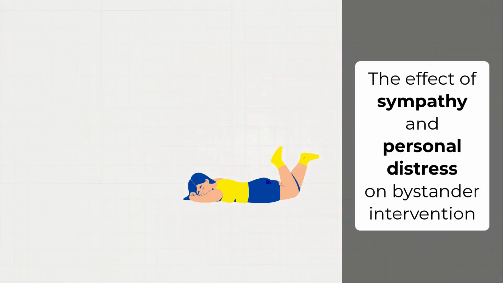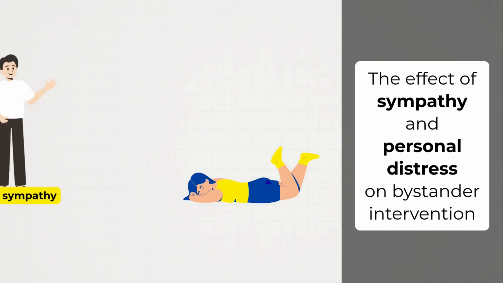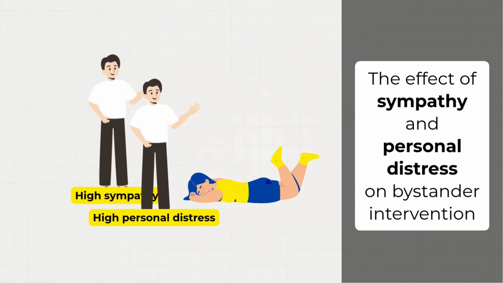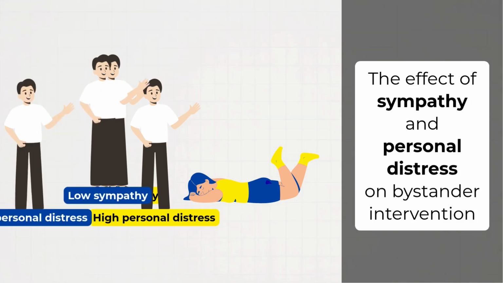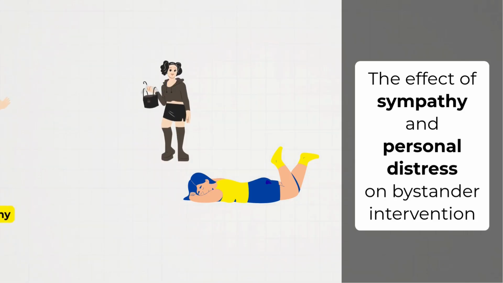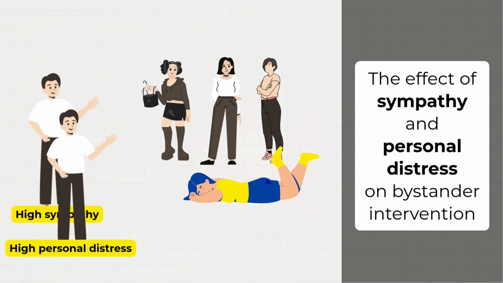Researchers found that when witnessing an emergency situation, those with higher levels of sympathy and those with higher levels of personal distress were faster at responding than those with low levels of both. However, this was only the case when there were no other bystanders, so just one-on-one where they were the sole person helping out. When the number of bystanders increased, the likelihood of helping decreased, but this was only the case for those with high levels of personal distress.